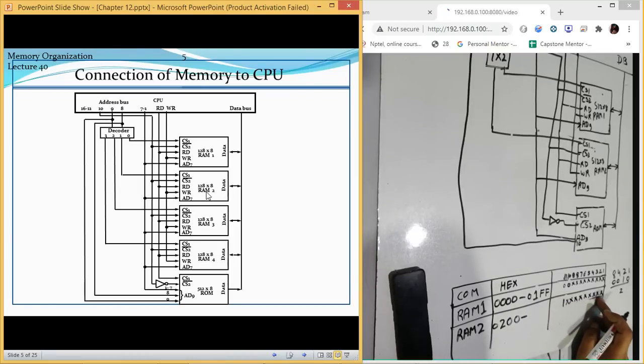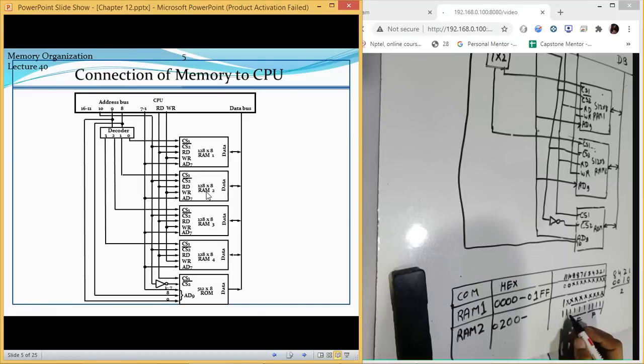Now make all the 9 bits 1. Now, if all are 1, this is F, this is F, this is F, this is F, this is like 1, 1.